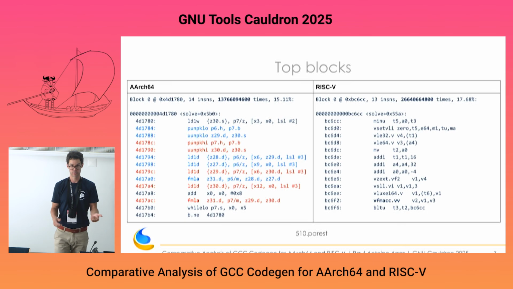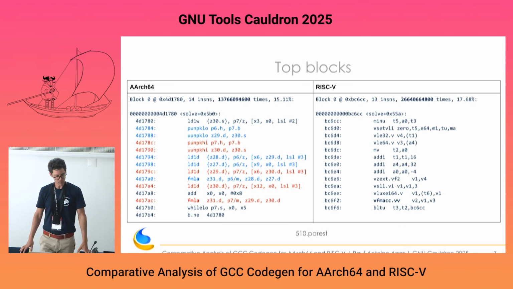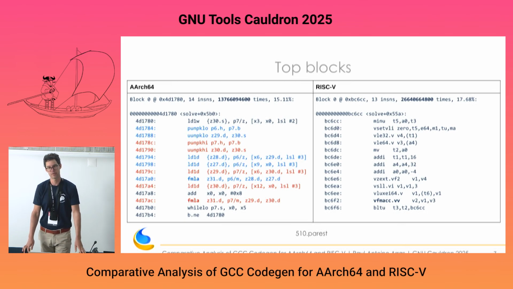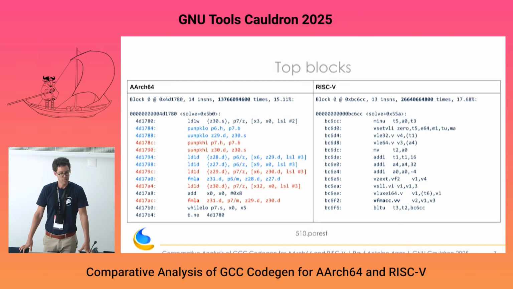So to give you an idea of what it looks like, here you've got two top blocks reported by the QEMU plugin, both for AArch64 and RISC-V. This example is pretty simple. In practice, it's usually more complex than that, but here you can see it's relatively small blocks, like 14 or 13 instructions. Block 0 just means that it's the very first block, so the hottest spot.